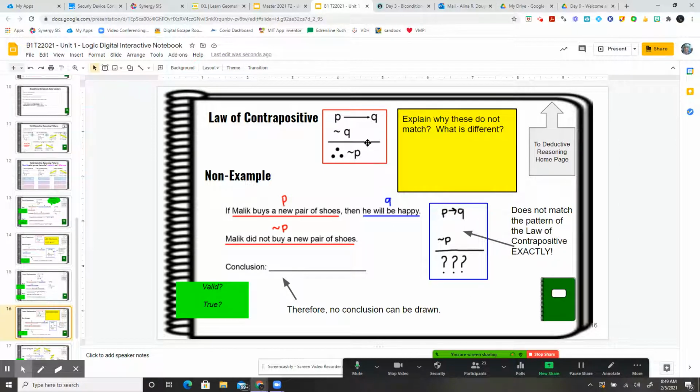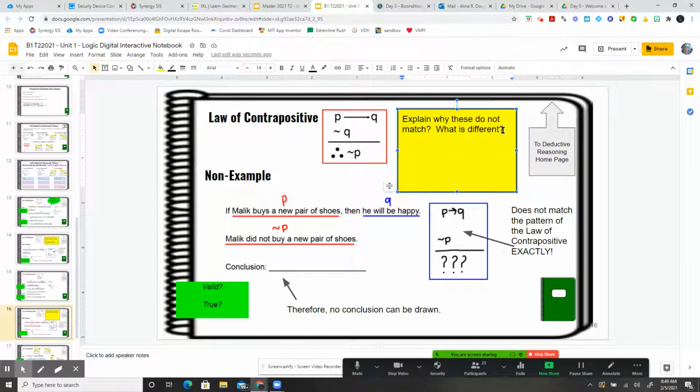What did we do wrong? The valid pattern is not Q, not P, and this goes not P, and they're trying to get you to put not Q. Okay, so this one, the pattern must go not Q, period, not P, period.